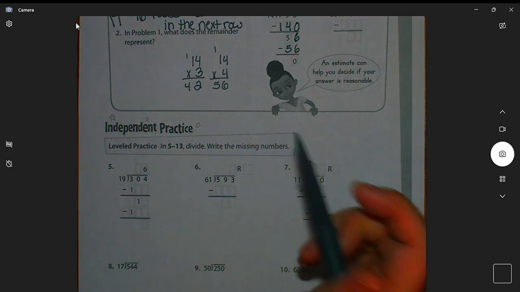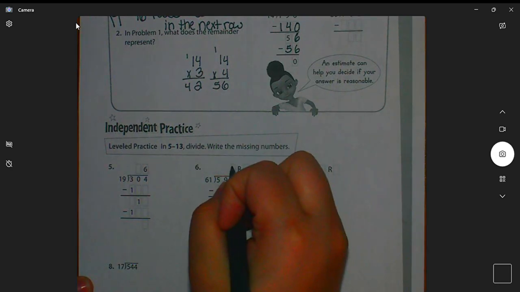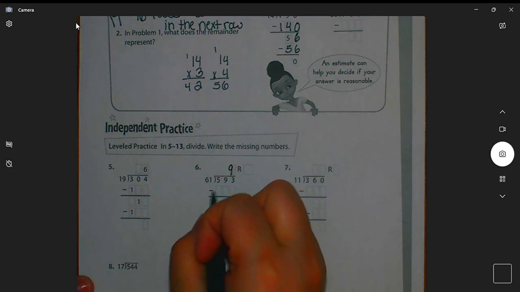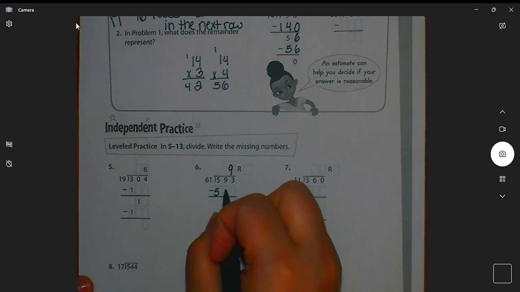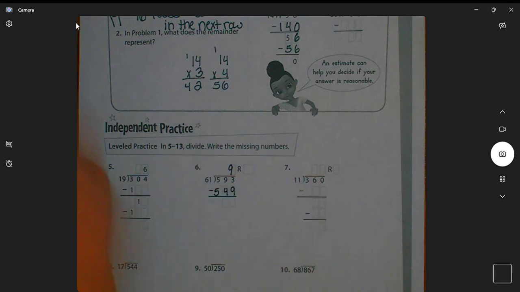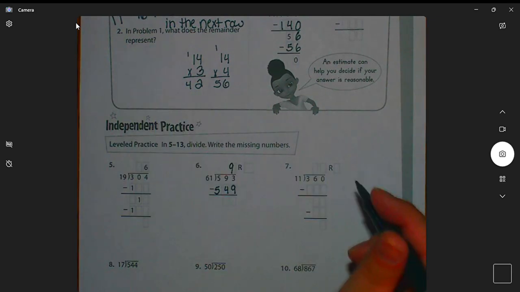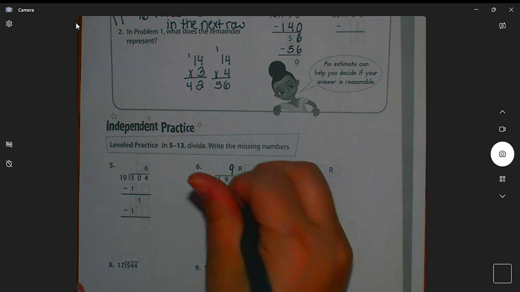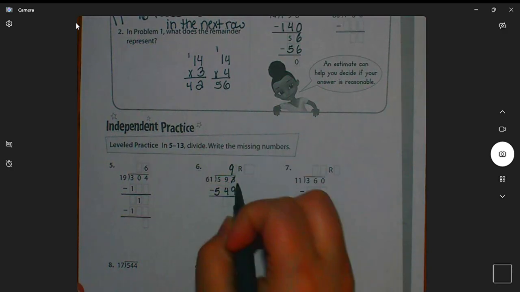and that gives me a workable number. That gives me 549. And my difference, 9 can't go into 3, can't subtract 3.